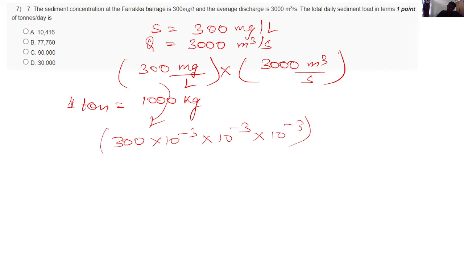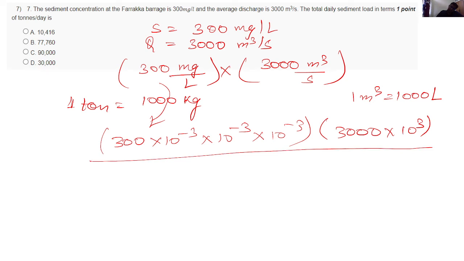So this is done. Now into 3000 meter cube. 1 meter cube is equal to 1000 liter, so multiply by 10 to the power 3 to convert it into liters, divided by liter.